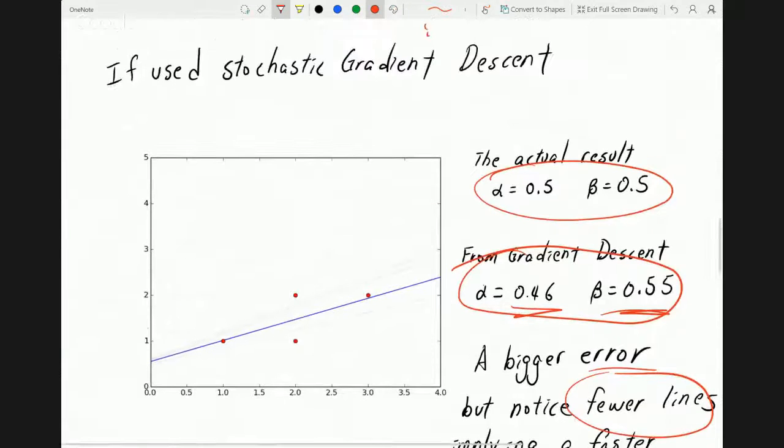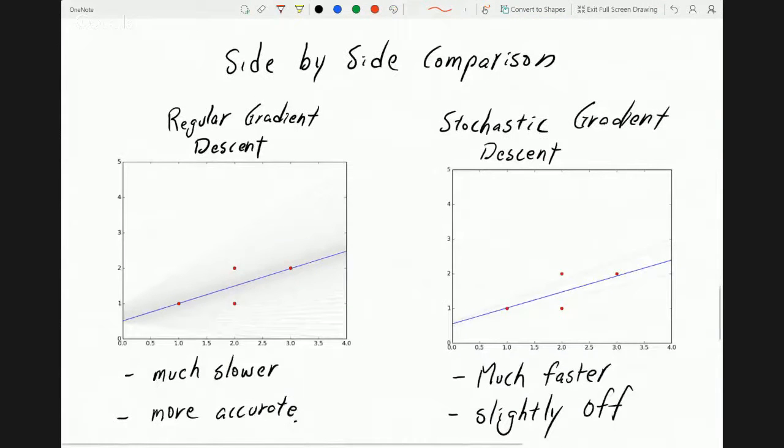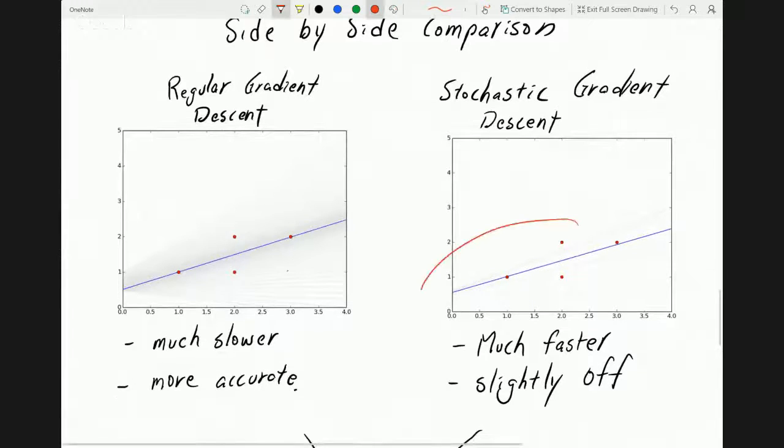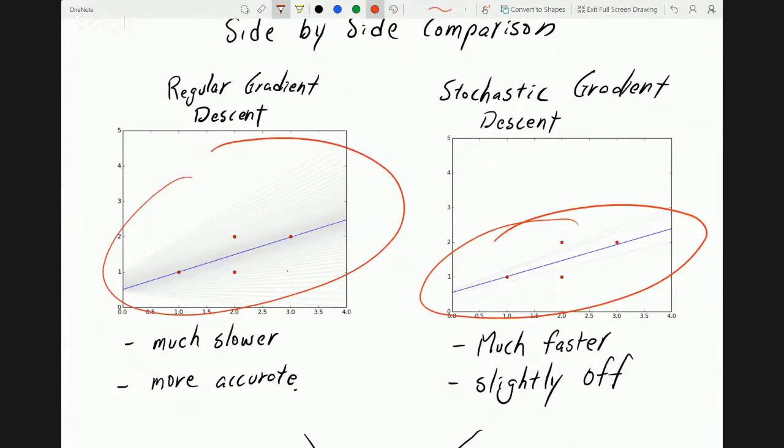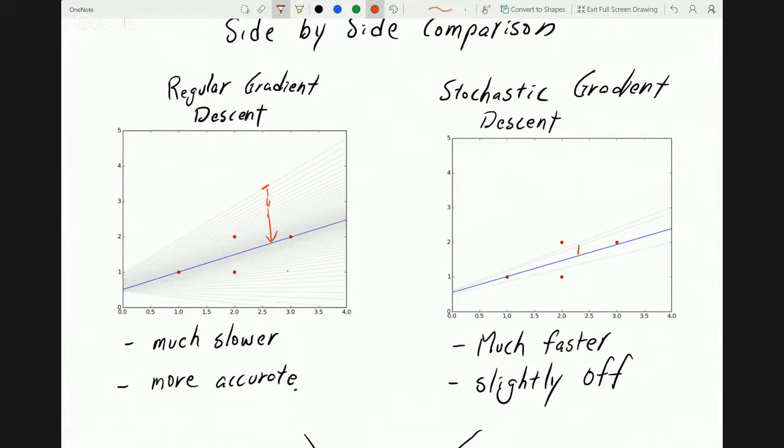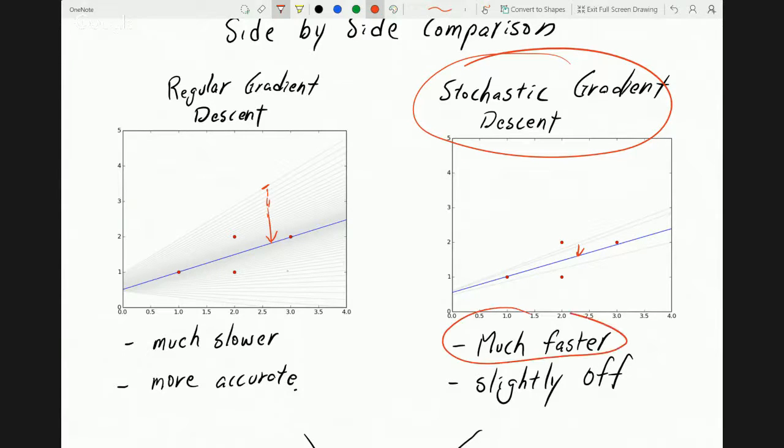Let's look at them side by side. Look at how quickly it converges to the right solution versus this. This took quite a while. It jumped from here to here to here and eventually reached this. Whereas this one just went right in. So stochastic gradient descent is much faster.